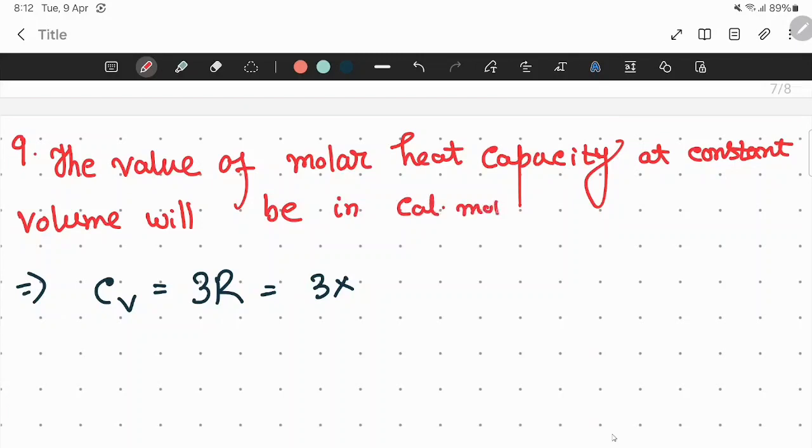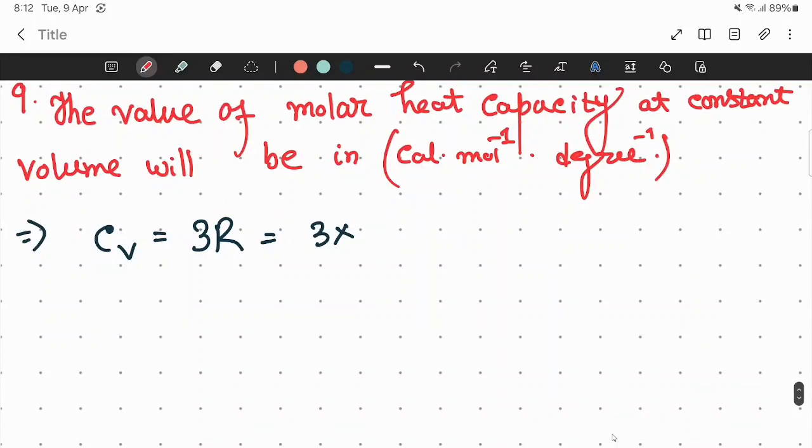calorie mole inverse degree inverse in this unit. So degree inverse means Kelvin inverse. Degree centigrade they have not mentioned, so you can think of this as Kelvin inverse. So it is 3R.